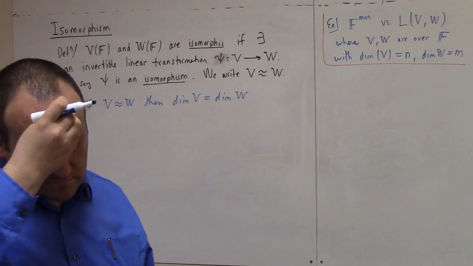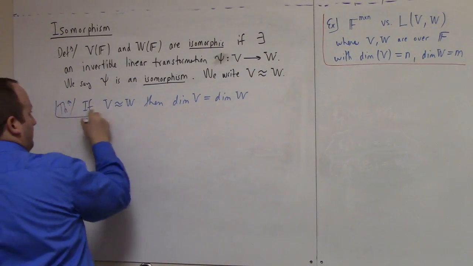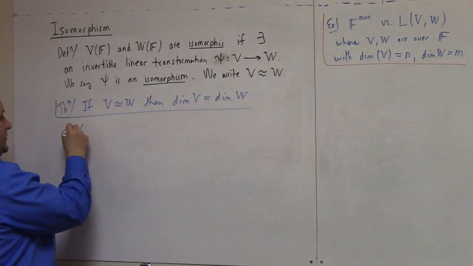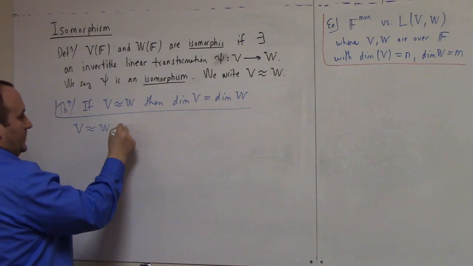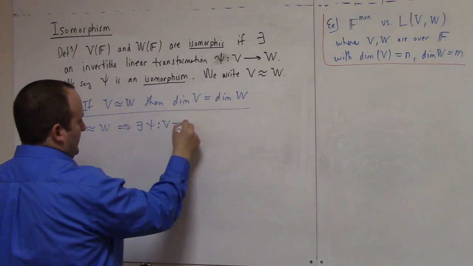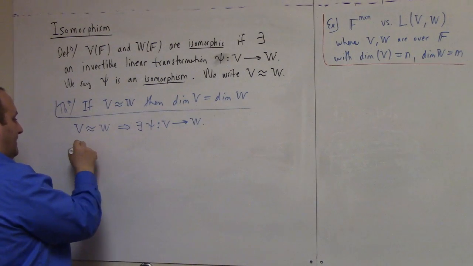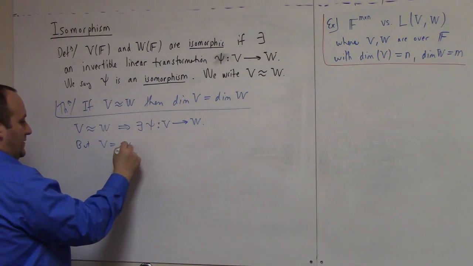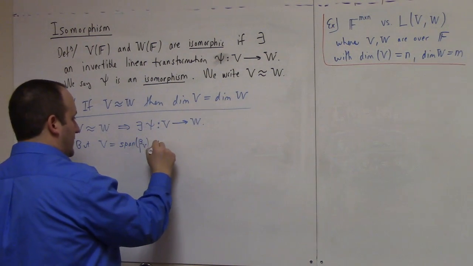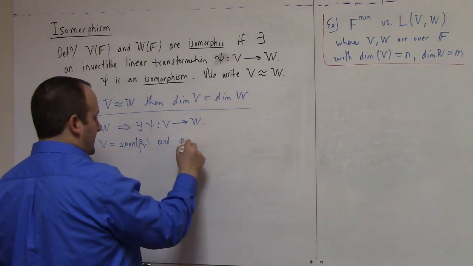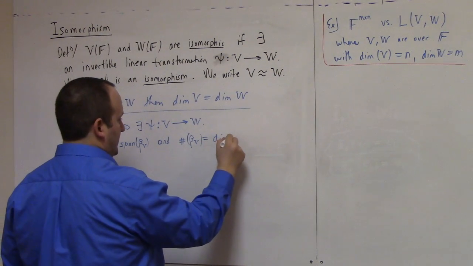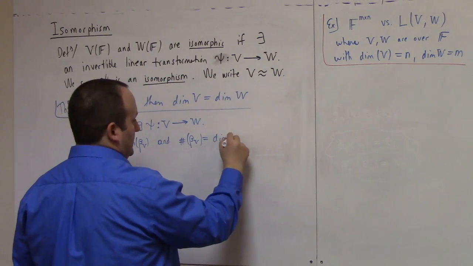So, how to prove this theorem? Well, V isomorphic to W implies that there exists an invertible linear transformation, let's say psi, from V to W. But V is equal to the span of beta sub V, and the number of things in beta sub V is equal to the dimension of V, assuming that beta sub V is a basis.